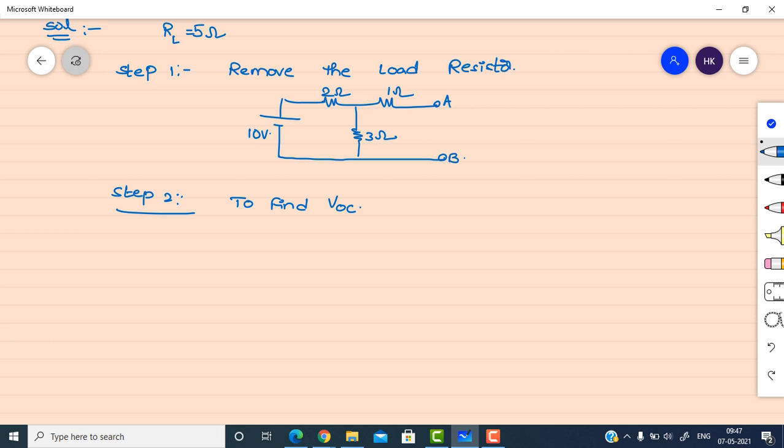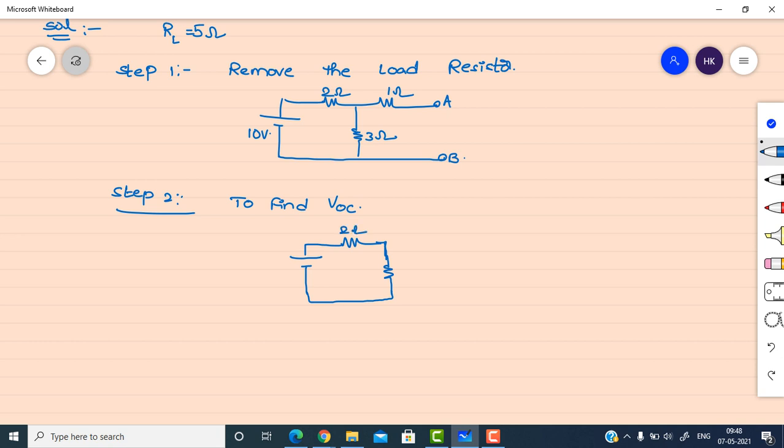So to find out that open circuit voltage, we need current first. So the above circuit I am drawing. See, I am not taking this 1 ohm resistor.